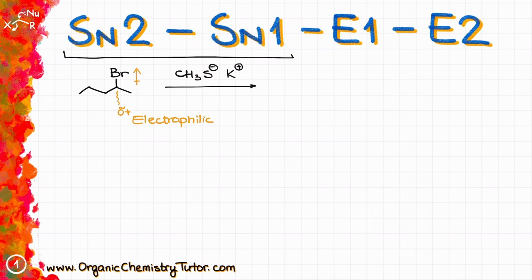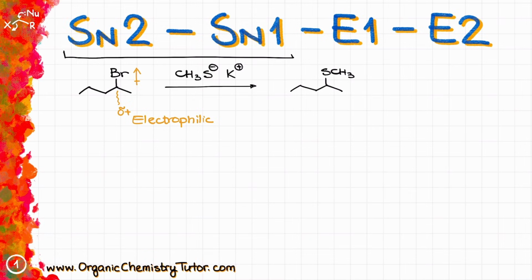Let's say I have a thiolate ion as my nucleophile. In this case, the nucleophile is going to replace bromine in my molecule, and I'm going to end up with a molecule where instead of a bromine, I have my sulfur-containing group, SCH3, just like that.